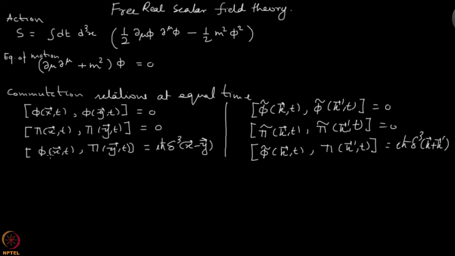Then we also wrote down the Hamiltonian density, where the Hamiltonian, let me write as the integral of d cube x curly h, where curly h is called the Hamiltonian density.